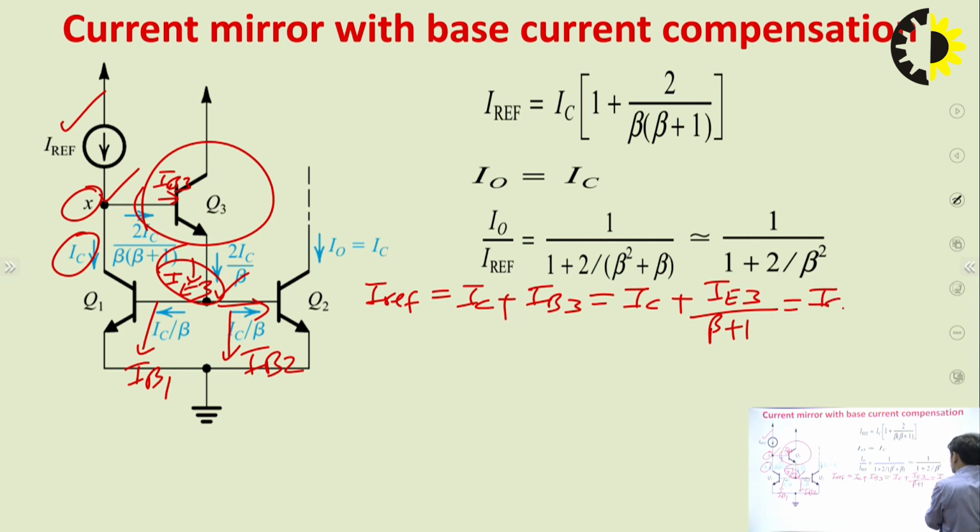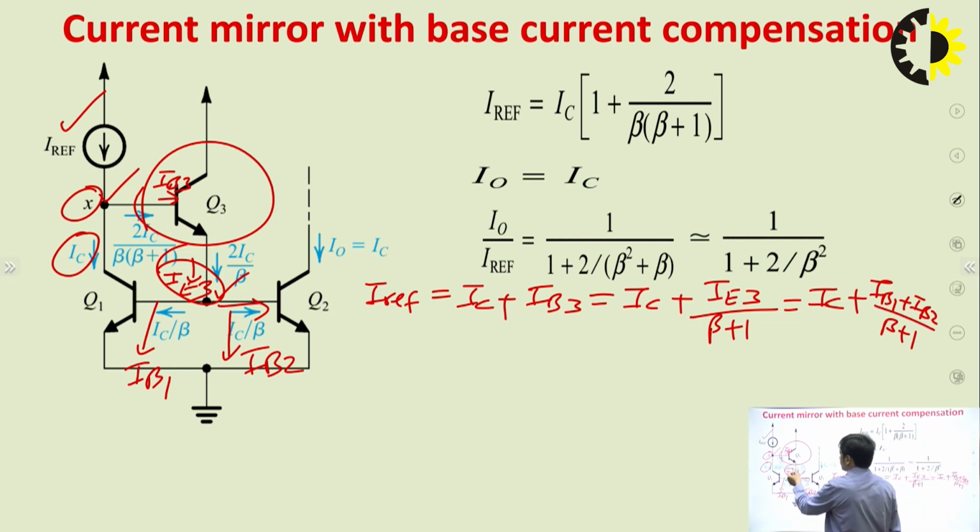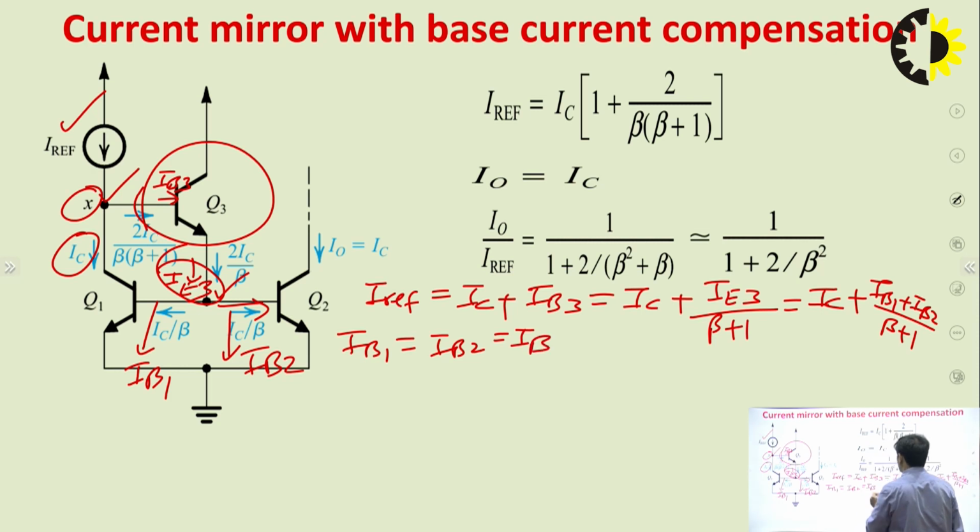And IC plus this IE3 is equal to IB1 plus IB2 upon beta plus 1, because the emitter current of Q3 is divided into two parts, IB1 and IB2. Since Q1 and Q2 are matched transistors, we can consider IB1 equal to IB2 equal to IB, so we can write IB1 plus IB2 as 2IB.